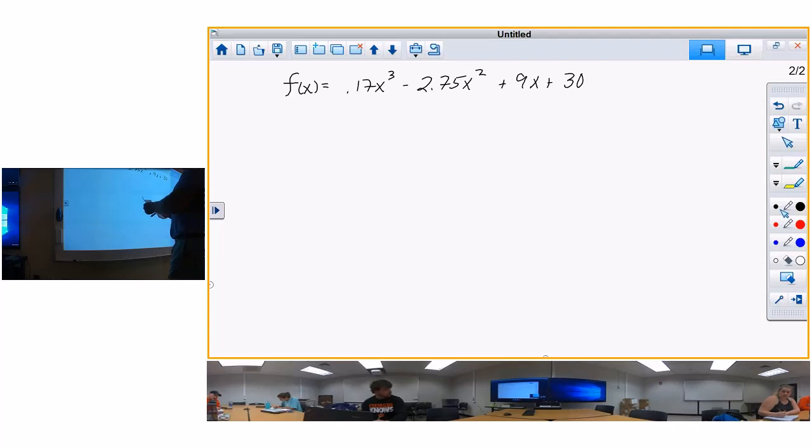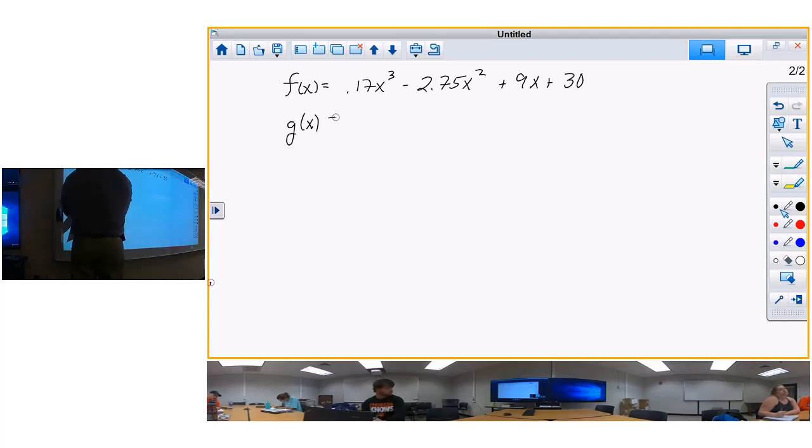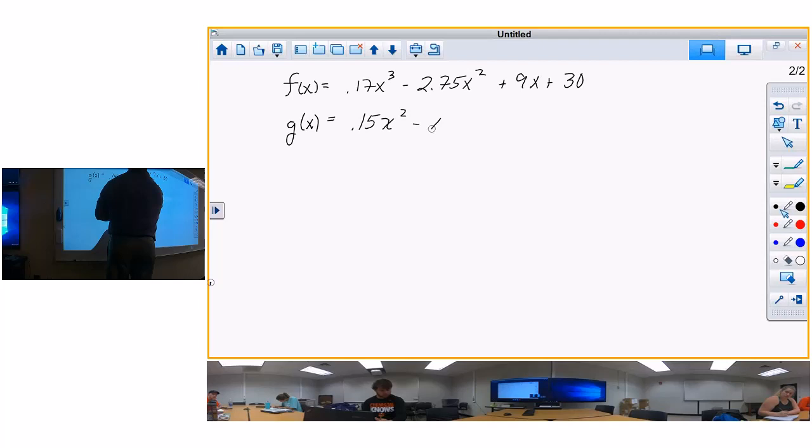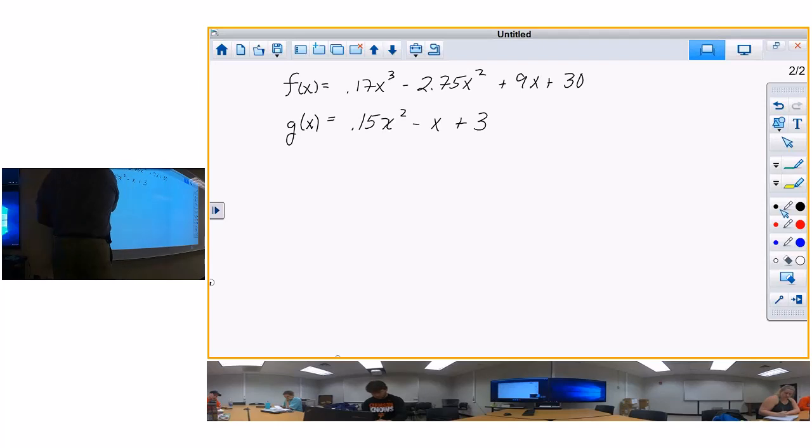And g of x is equal to 0.15x squared minus x plus 3. And they want you to check the area between 1 and 9.